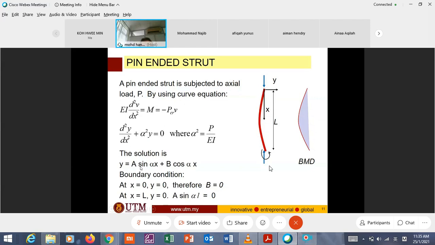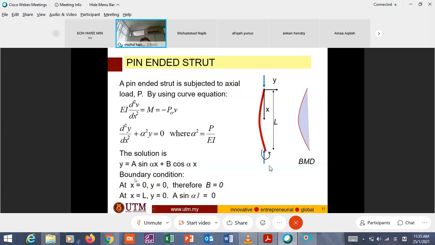And the solution is y equals A sine alpha x plus B cos alpha x, where alpha is equal to square root of P over EI, or alpha squared equals P over EI. Okay, now similar to what we have done in beam deflection, what are A and B? We know alpha is P over EI, but what are A and B?